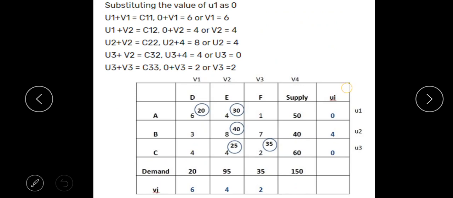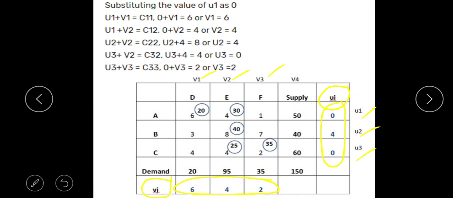You can observe here, I've taken a separate row and a separate column to represent U and V values: U1, U2, U3, V1, V2 and V3. U1 is row 1, V1 is column 1. We have to find out the U and V values. These values will not be given in the question.